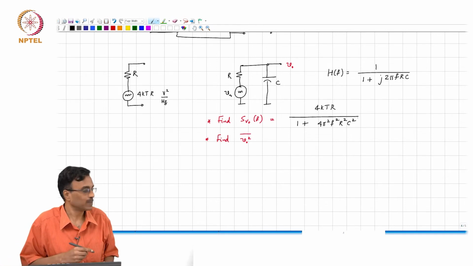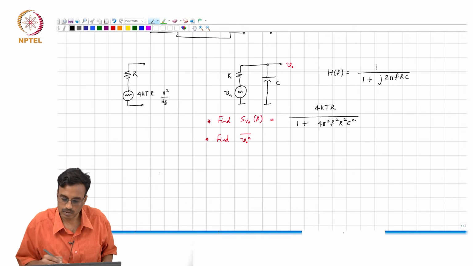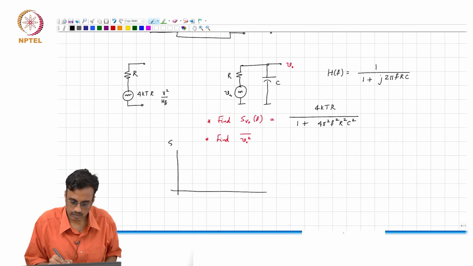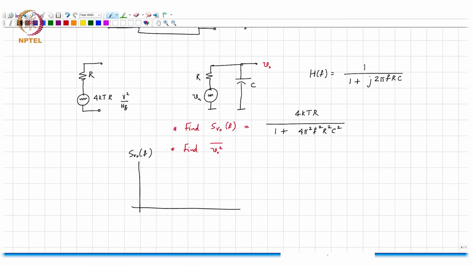What will the spectral density be at DC? At DC it will be 4 kT R, and why does that make intuitive sense?